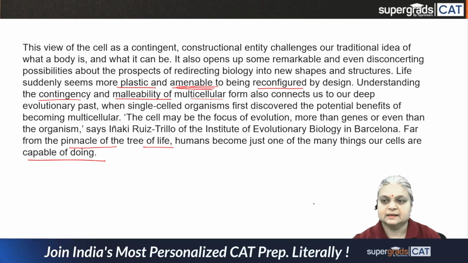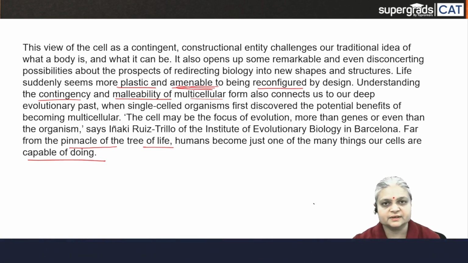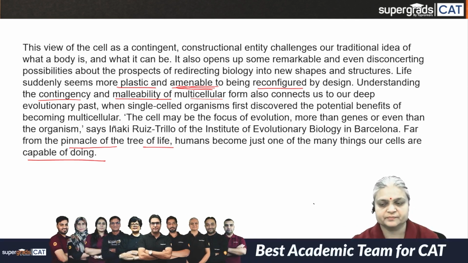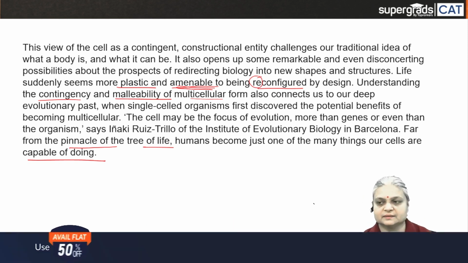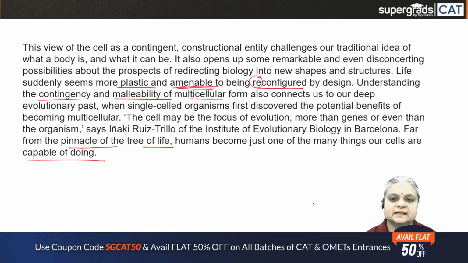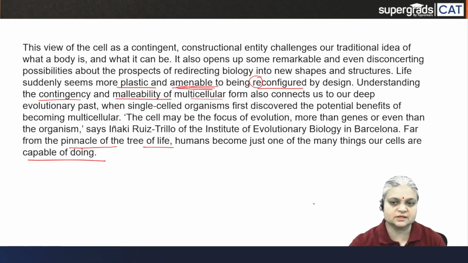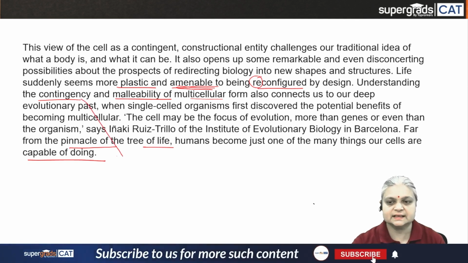All right. Reconfigured by design. What is reconfigured? Configure means configuration. Re means again. So again, you are designing it or reshaping it. All right. Understanding the contingency and malleability of multicellular forms. So what is contingency? It is basically similarity.